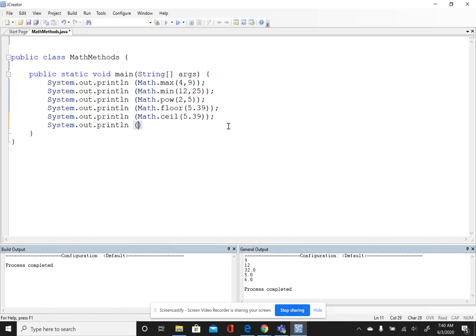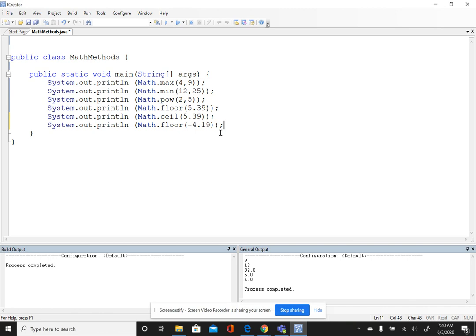You need to be very careful when dealing with negative numbers. For example, floor of negative 4.19. Remember the lowest number. Negative 4.19 is between negative 5 and negative 4.